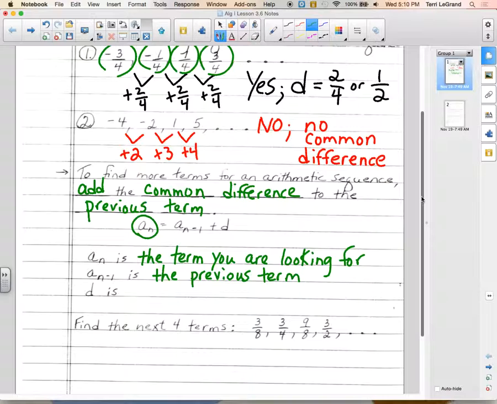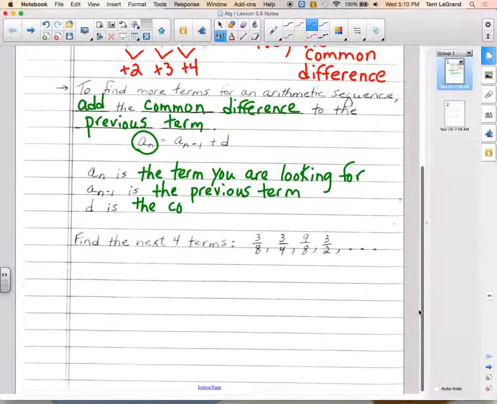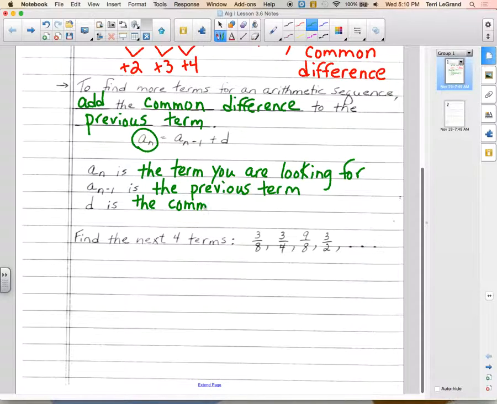And D, we already said, is the common difference. So we have all the parts of our model here.